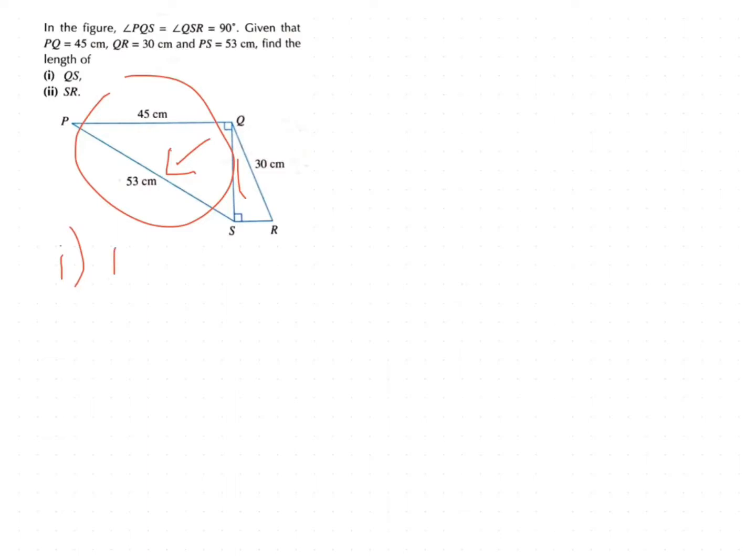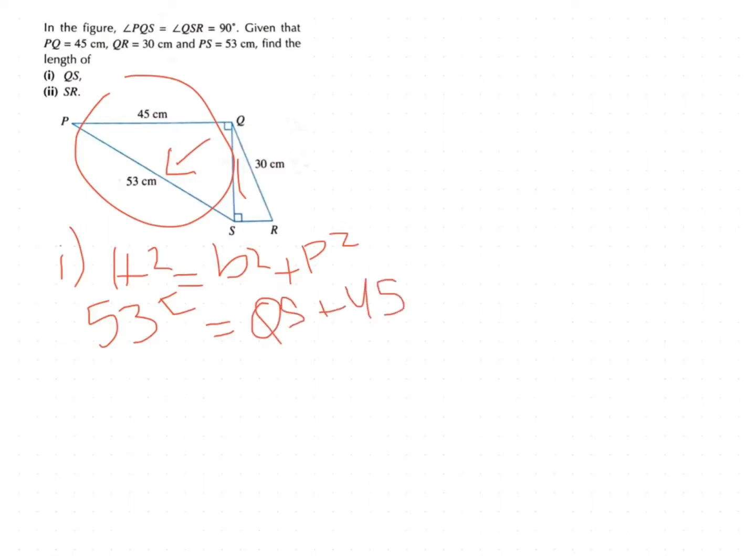So H square equals B square plus P square. 53 square equals the base, which is QS, unknown, plus 45 square. So 53 square is 2809 equals QS square plus 2025.